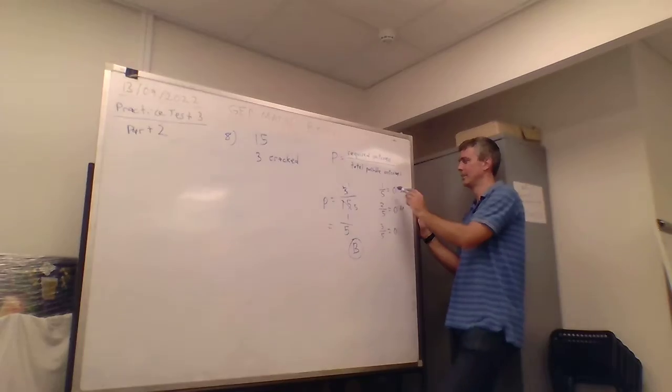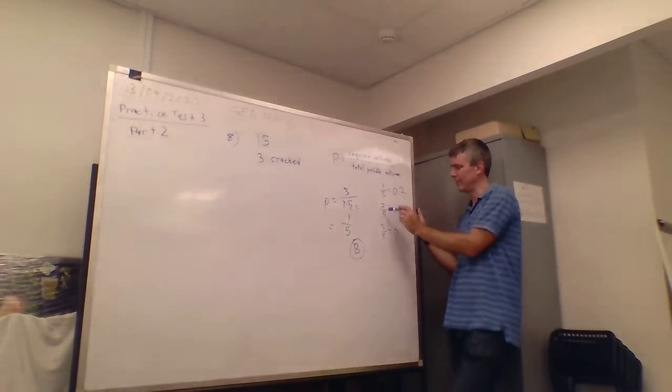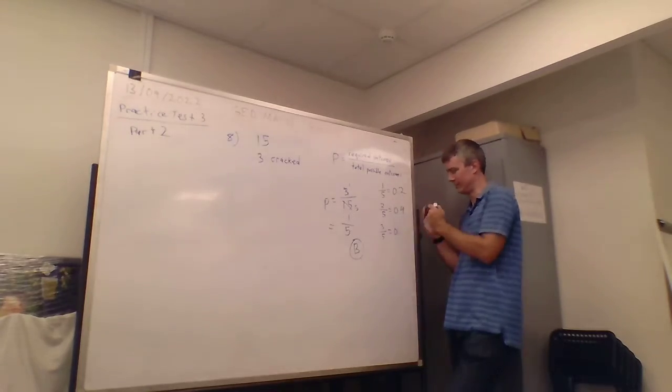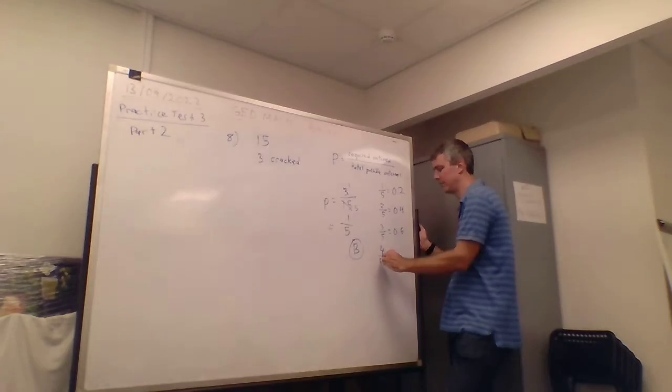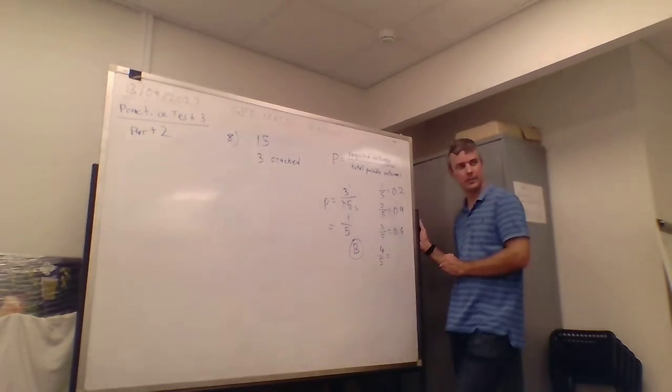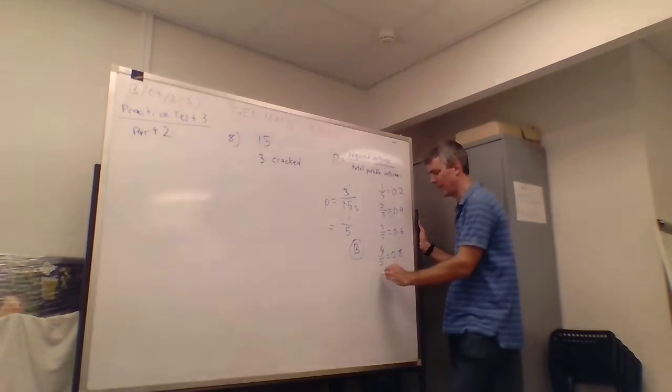I have 1 is 0.2, I double it, I get 0.4, I add another 0.2, 0.6. 4 over 5 is what? 0.8. What is 5 over 5?